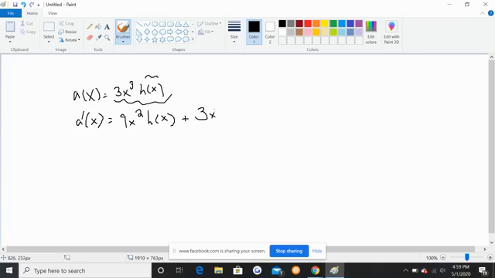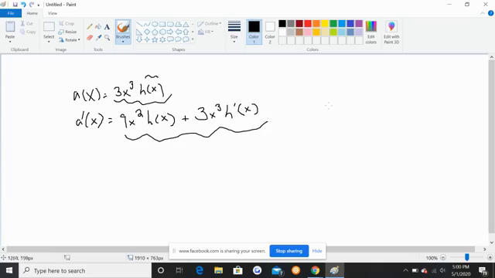We don't derive that. Instead, now we derive h of x, and we write h prime of x. So this is the equation that we set up, right?